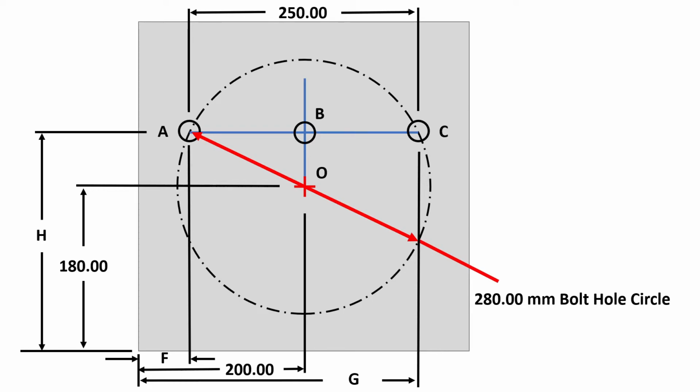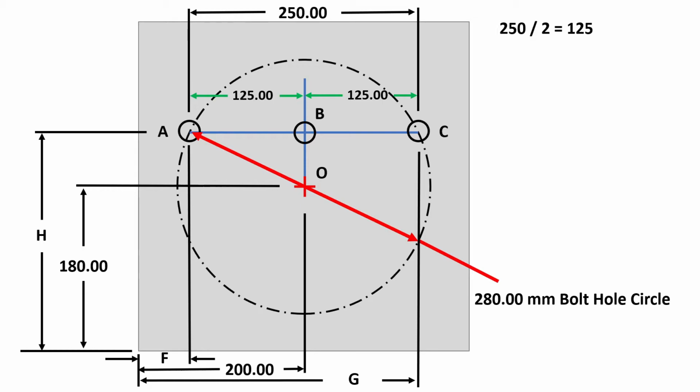So 250 millimeters divided by 2 equals AB, which is equal to BC. Therefore, AB must equal 125 millimeters, and therefore BC must also equal 125 millimeters.